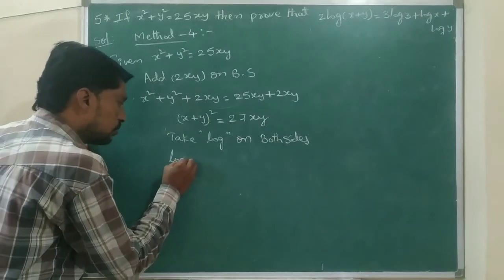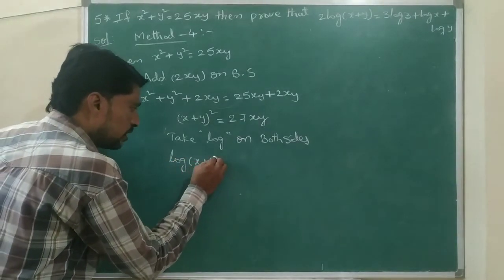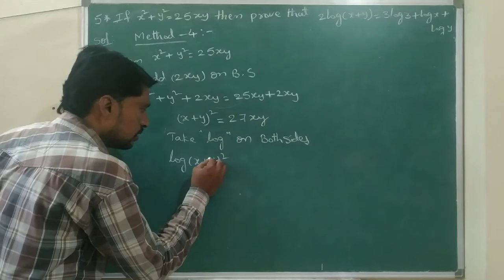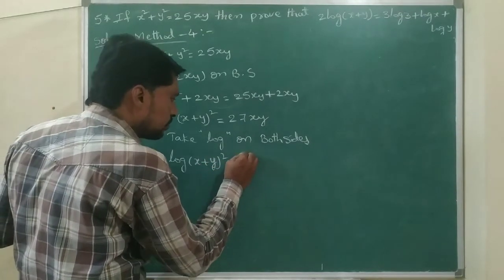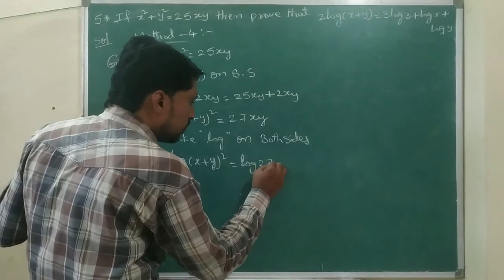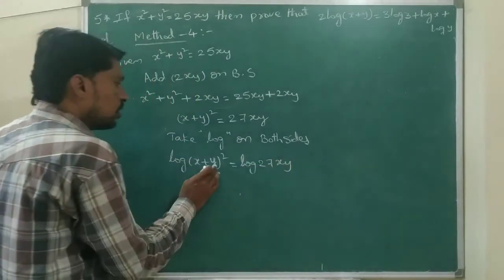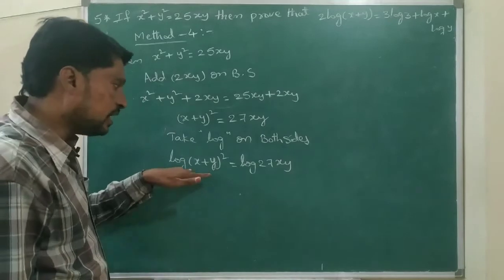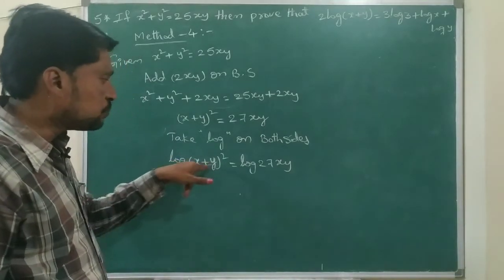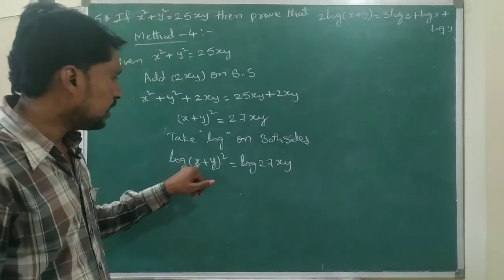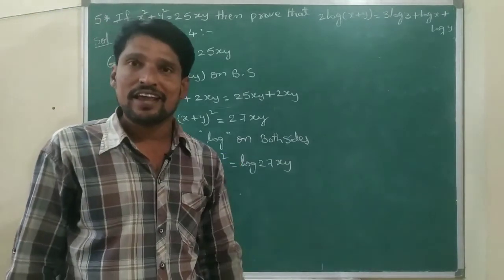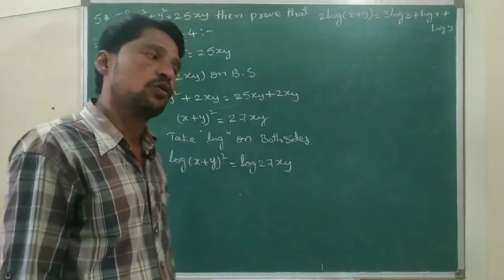So log of x plus y whole square equal log 27xy. Here we have to observe which property we should use. Log x power m is the power rule.